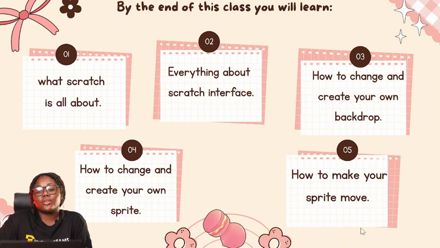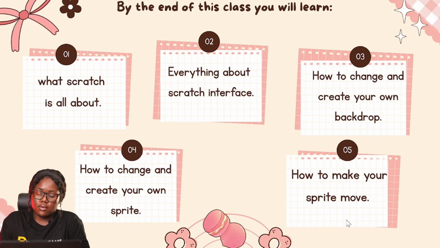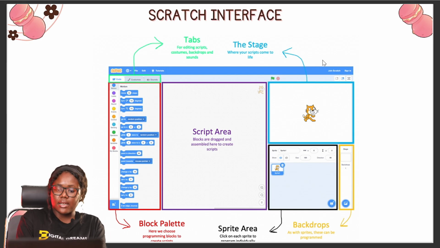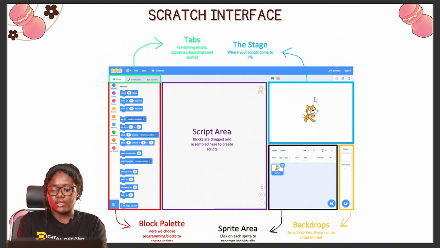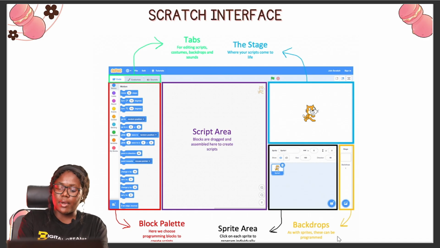Now we're going to be looking at the Scratch interface. I'll show you what the Scratch interface looks like, and I'll introduce you to all the interface and all the tools. Let's dive into it. This is what the Scratch interface looks like. We have the tabs, the stage, the script area, the backdrops, the sprite area, and the block palette.